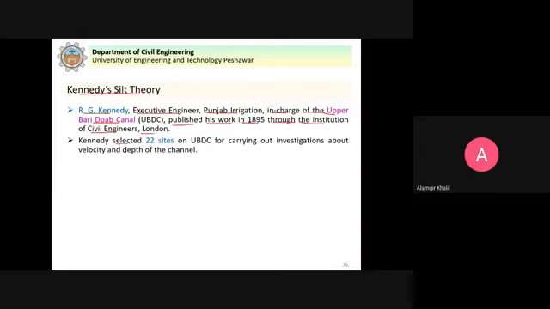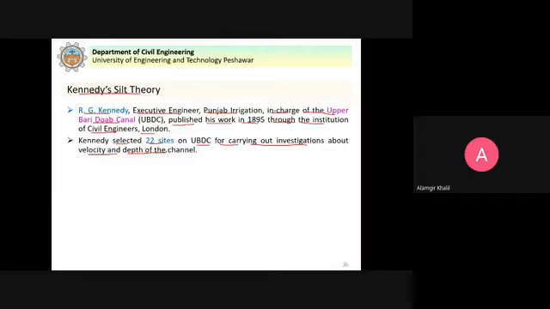Kennedy selected 22 sites. If you study the book by Dr. Iqbal Ali, 20 sites are written. For other books, they write down 22 sites. So Kennedy selected 22 sites on the Upper Bari Doab Canal for carrying out investigations about velocity and depth of the channel.